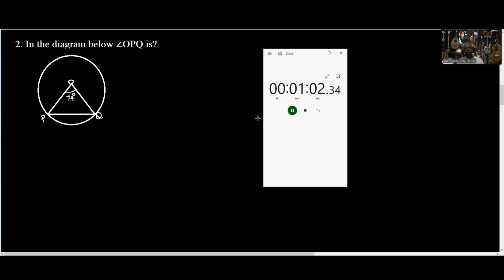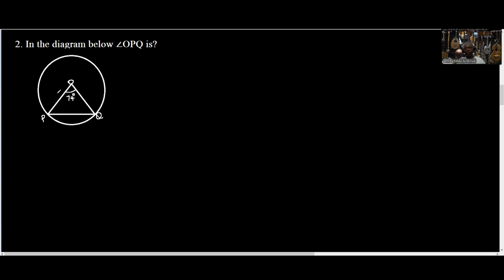Your time is over. I said 60 seconds, right? So whenever you see anything like this that asks you to find this, that should be 53. This is an isosceles triangle, so these have to be equal. Then you have 74 plus 2x equal to 180 degrees.